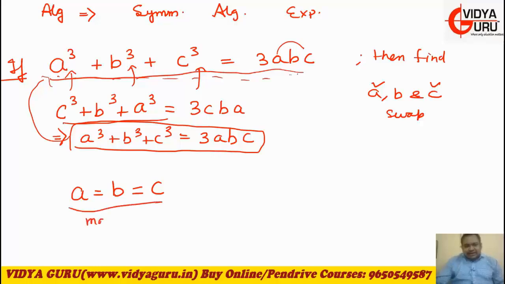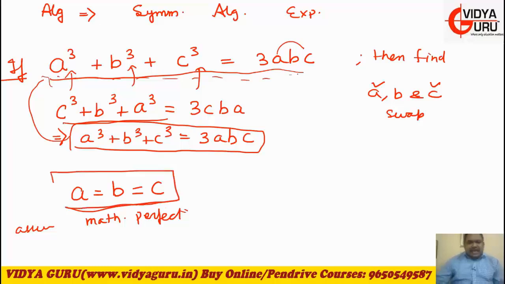This is mathematically perfect, and no mathematical rule is violated. So this is the trick: as soon as you observe that the question is about a symmetrical algebraic expression, you simply assume A is equal to B is equal to C. The question will be solved then and there itself.